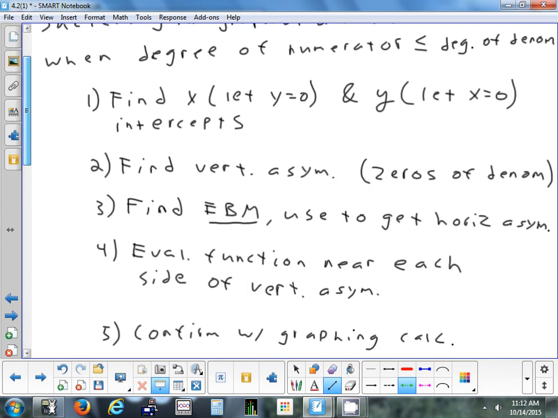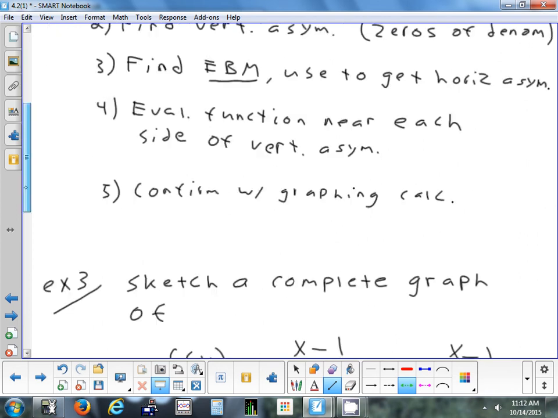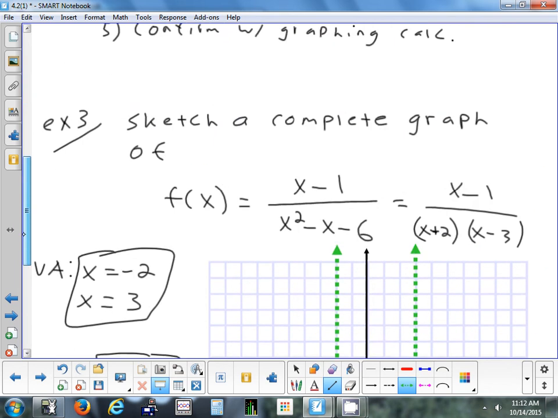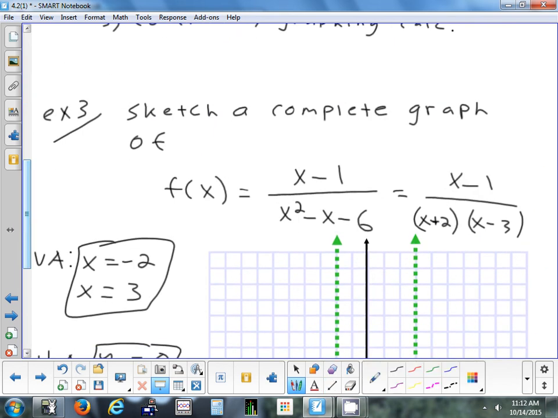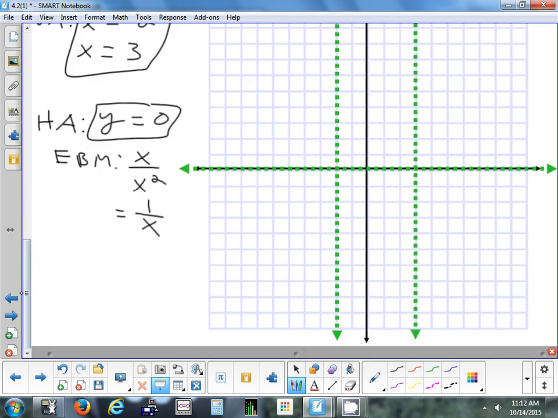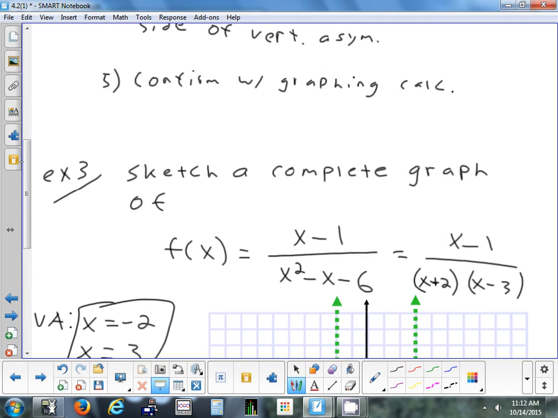We'll do the evaluation in a minute. Let's see if we can find the intercepts. To find the x-intercept, that's when you let y equal 0. So basically when you set this fraction equal to 0. Well, what's the only way this fraction could equal 0?